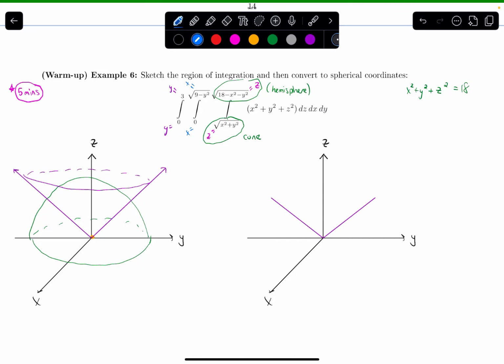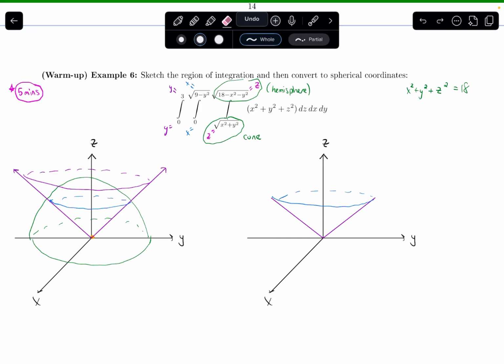And then where the cone and the sphere intersect, that's this circular cross section. So I'll draw that circular cross section. And then above that circular cross section, I'm on the hemisphere. The cap is made of the sphere. So I get this ice cream cone shape.